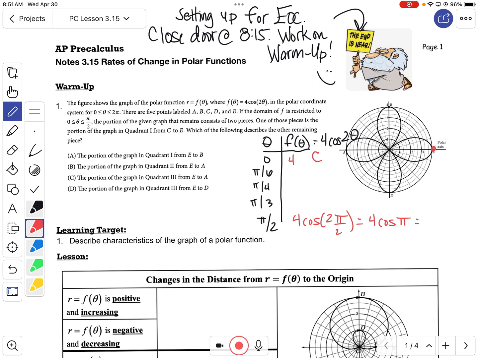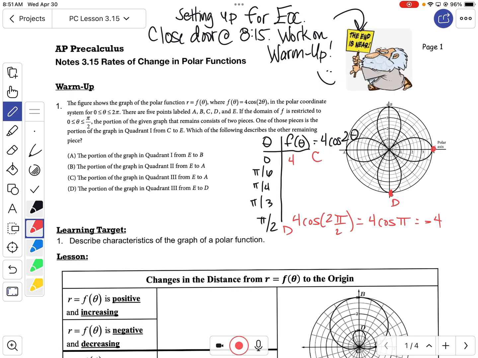And what's the cosine at pi? -1, so it would give me a -4, okay? So if I go to pi over 2, which would be up and down, but I want to go -4, I'd land down here at D, right? Okay, so I kind of know which pieces we're talking about.